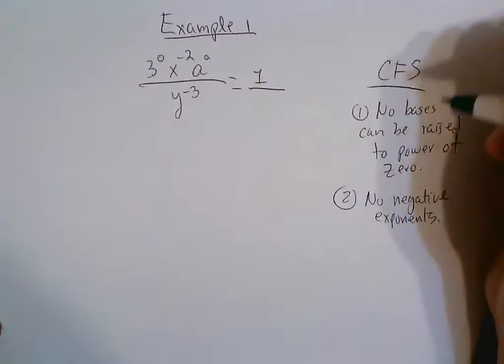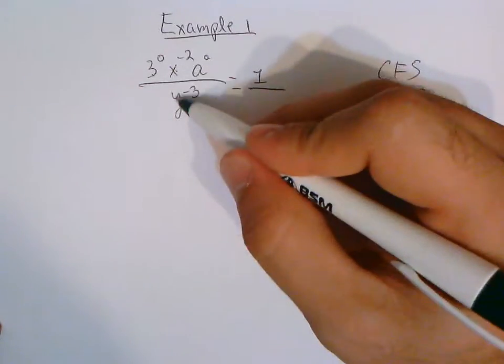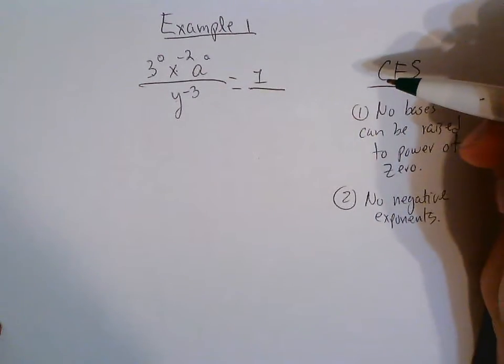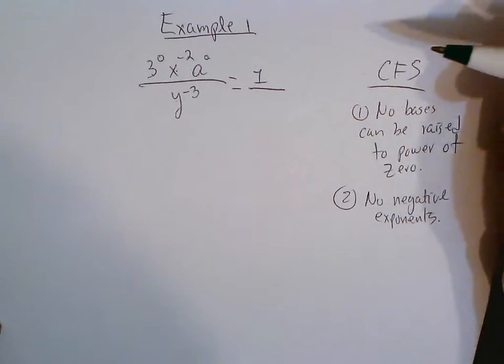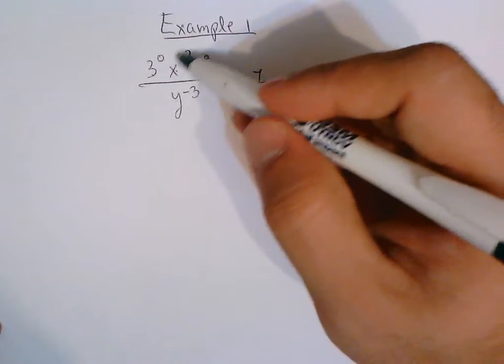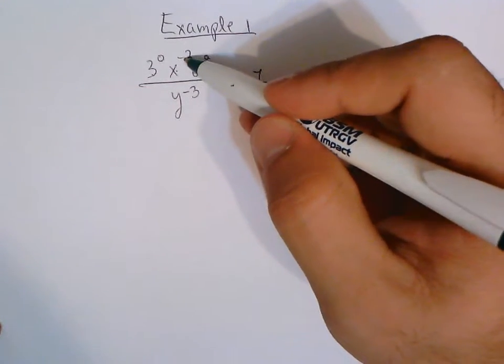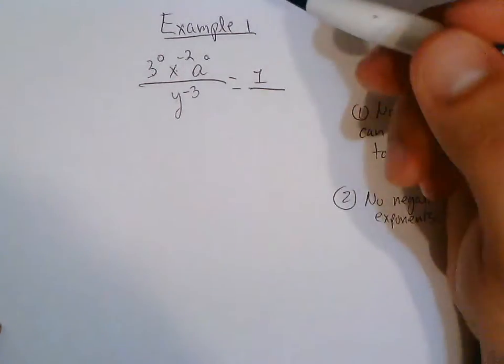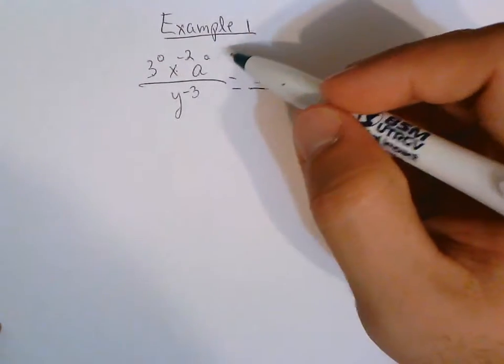Now, the other thing that I have to worry about is these variables with the negative exponents. If you watch my previous video, you should know that in order to change a variable raised to a negative exponent, I can just do the reciprocal.